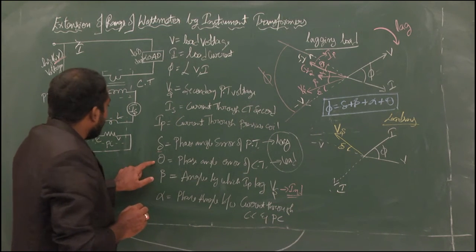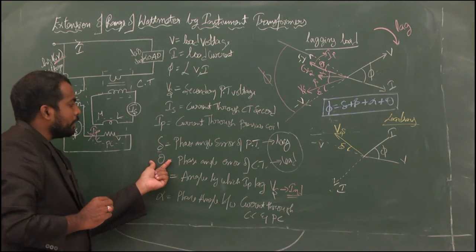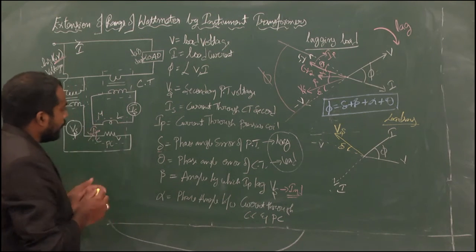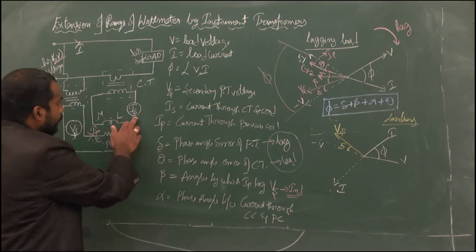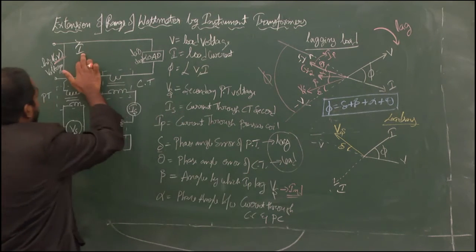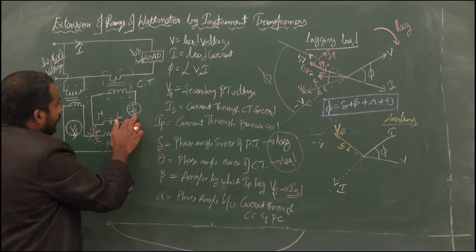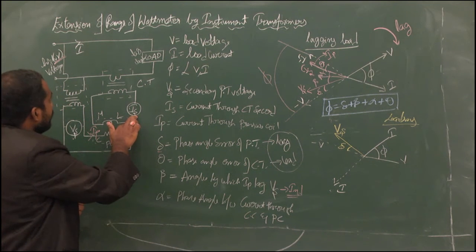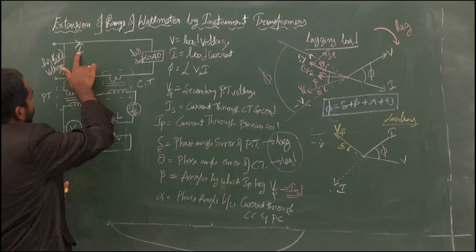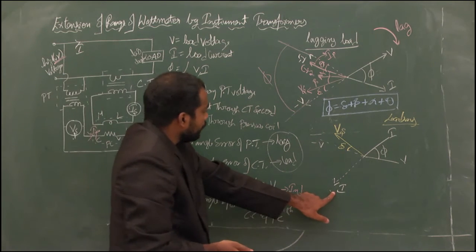Now see, the error due to current transformer is theta, where the secondary current will lead the actual current value by an angle of theta. So see clearly, the current through the secondary of your CT is leading the voltage in your load by an angle of theta. That means this is the current in the load.